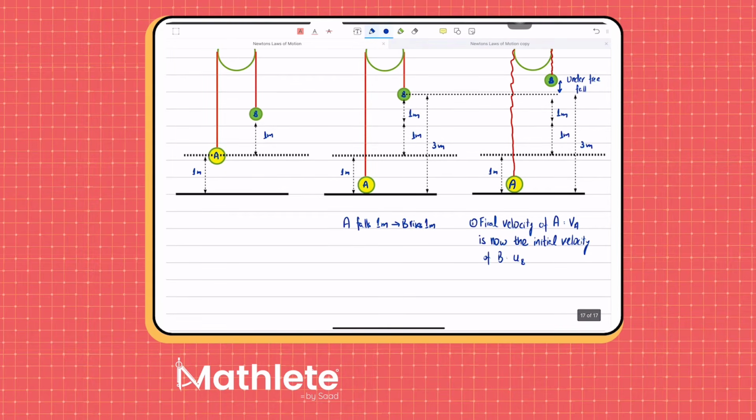For B, the part of the journey that we're considering is the part where it's under free fall. Just when it starts to be under free fall conditions, that is what we're considering, which is why we're saying the initial velocity of B. Not the journey throughout, just the part where it's under free fall.